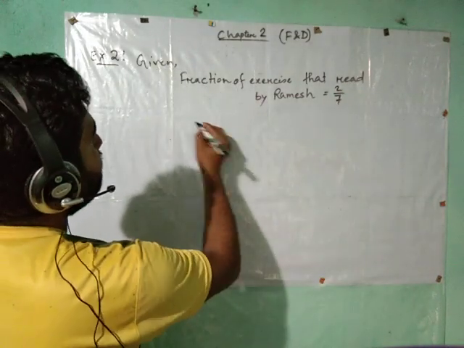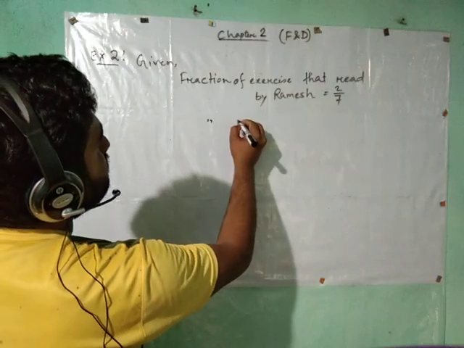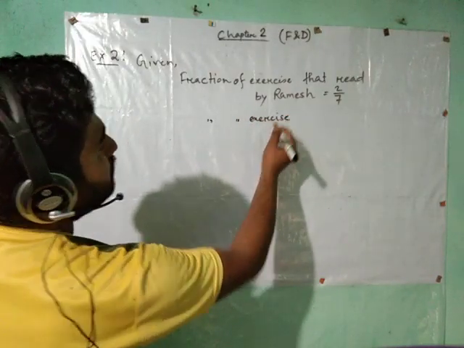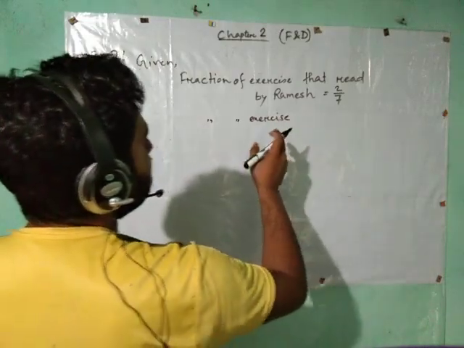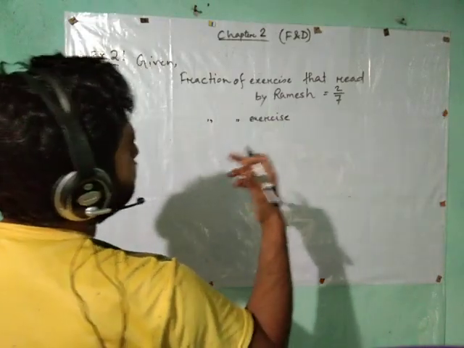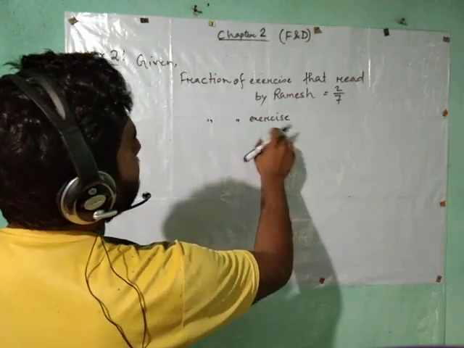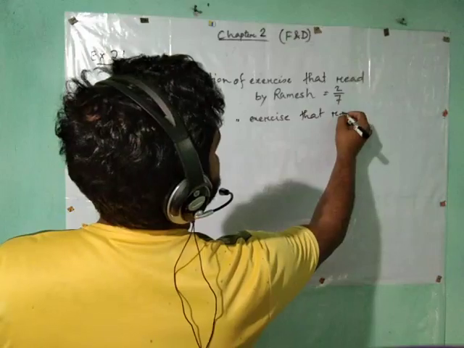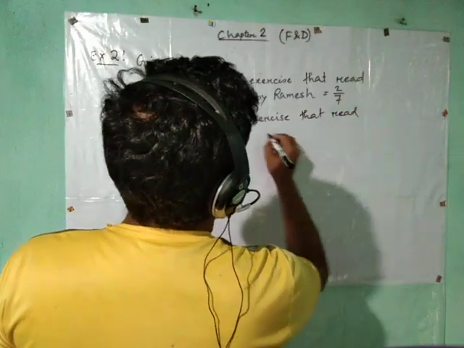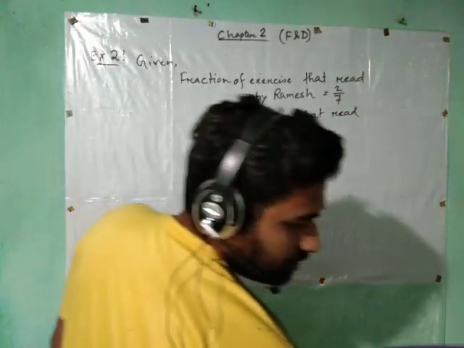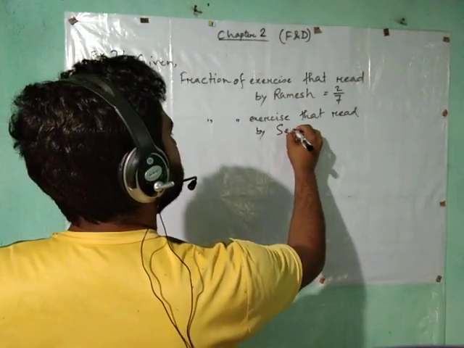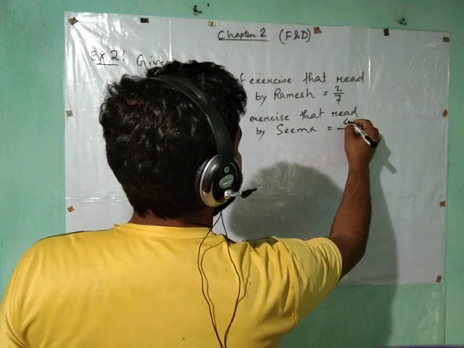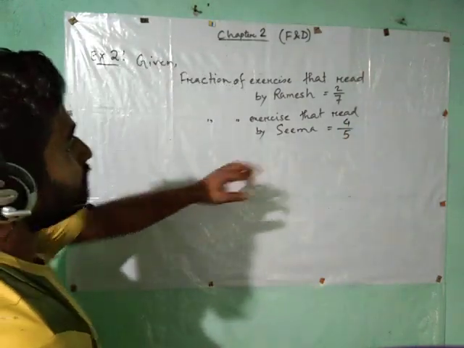Similarly, you write the fraction of the exercise read by the girl Seema equals 4/5. I know this is not clearly visible from there, but you can have that idea. Now you have to compare these.